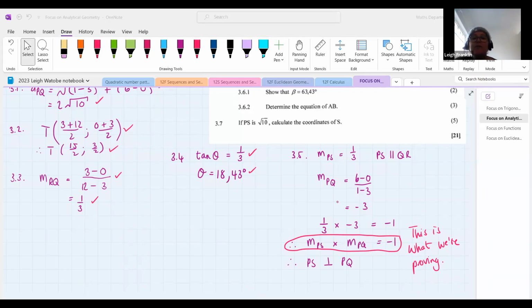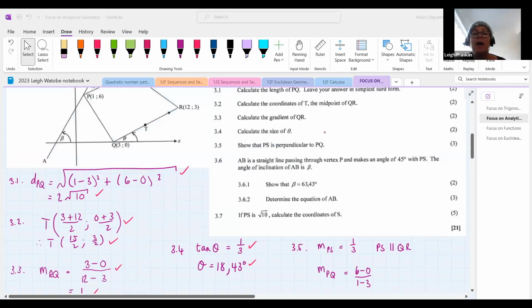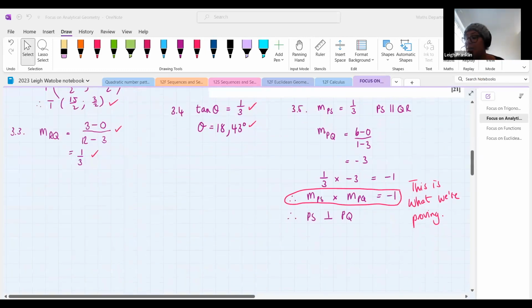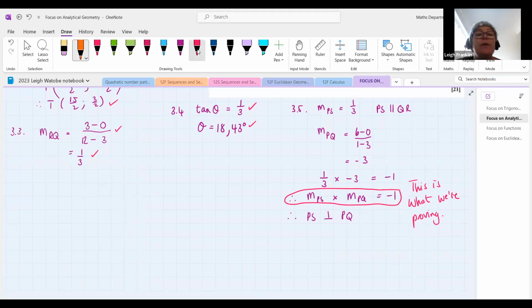Lovely. Let's just have a look where the marks would be allocated. This is out of 3. There is going to be a mark for the third times the -3 equals -1, and your conclusion.